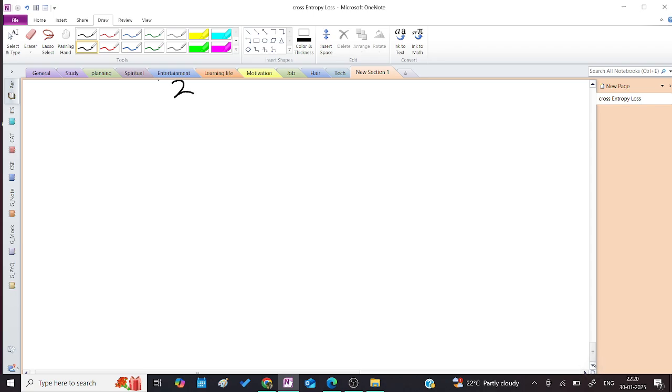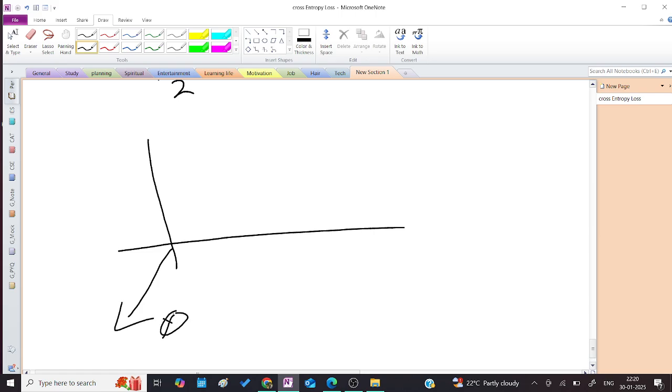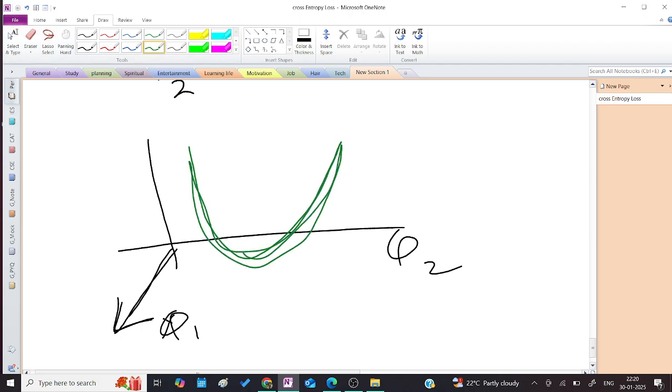Suppose this is phi 1, this is phi 2, and this is our loss function.